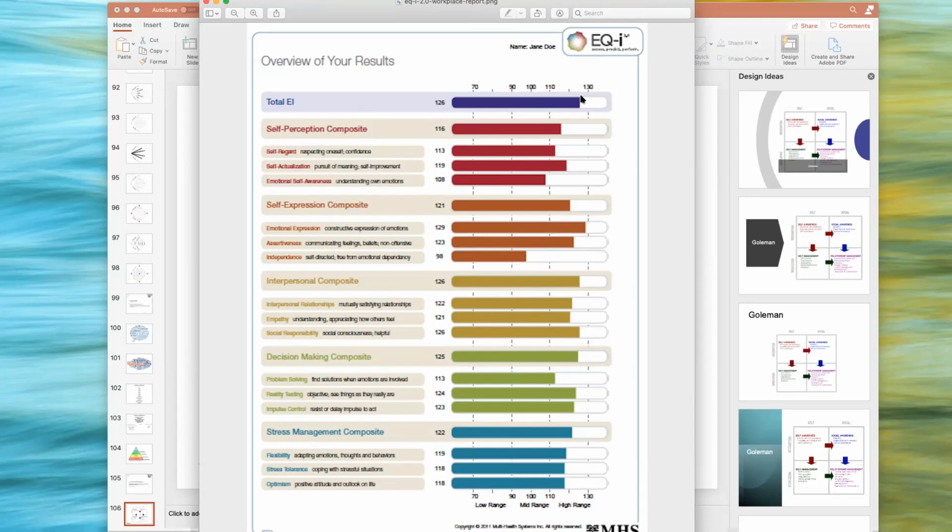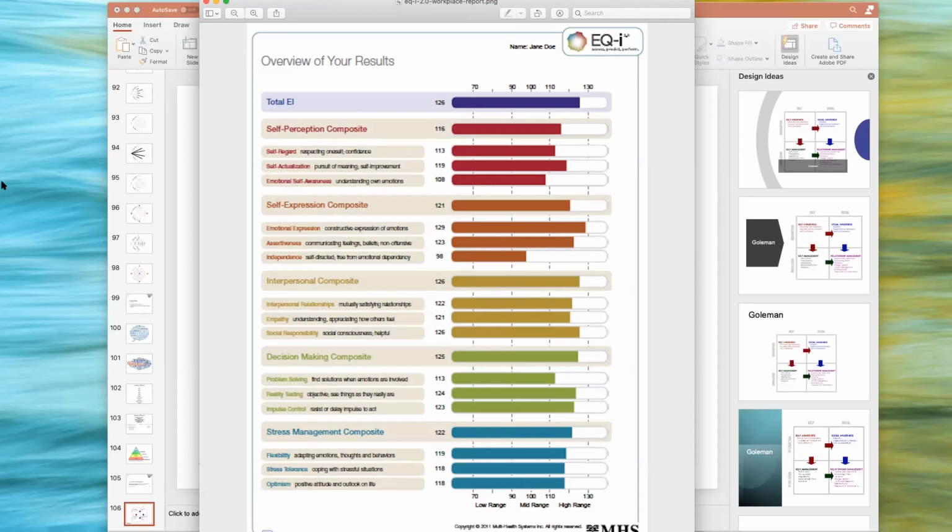But then you end up with an overall score, 126 out of 130. How do you get that? Because if I look at all these gaps at the end of the main summaries, oh, I see, it's about the same. Very interesting. I still don't see how it works, but okay.